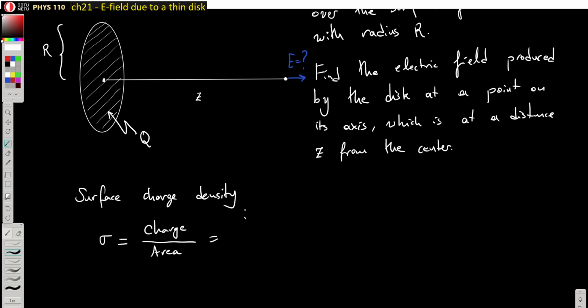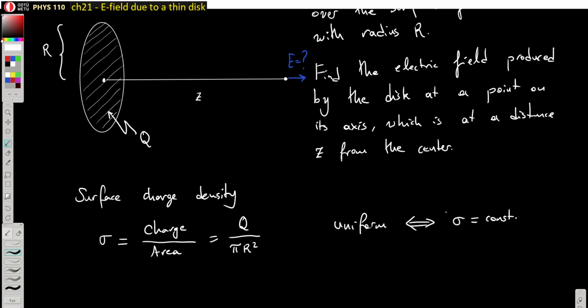In this special case, we have a charge Q distributed over an area of pi r squared, and therefore the surface charge density is given by that quantity. The distribution is uniform if and only if the surface charge density is constant.